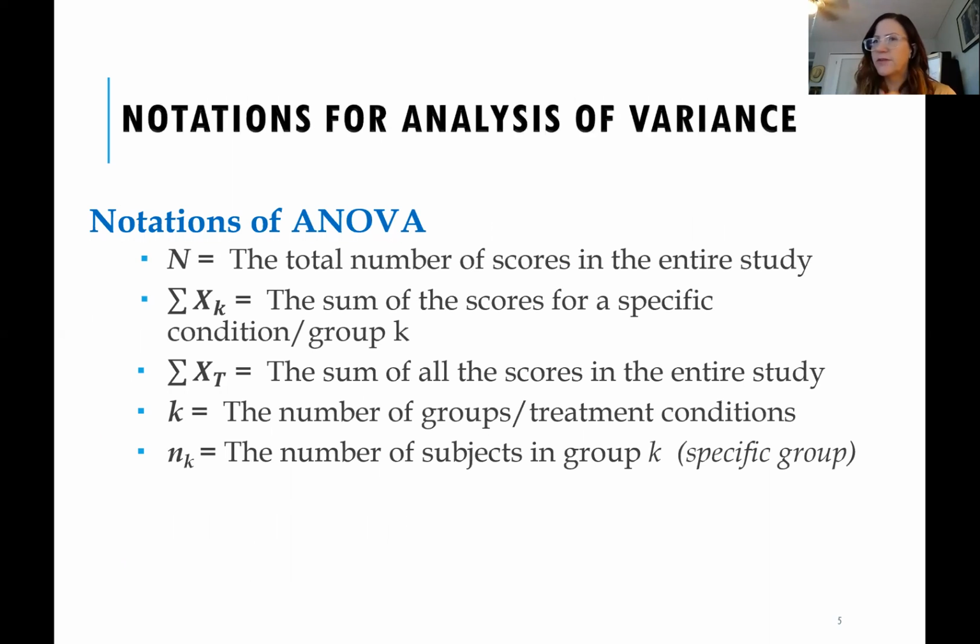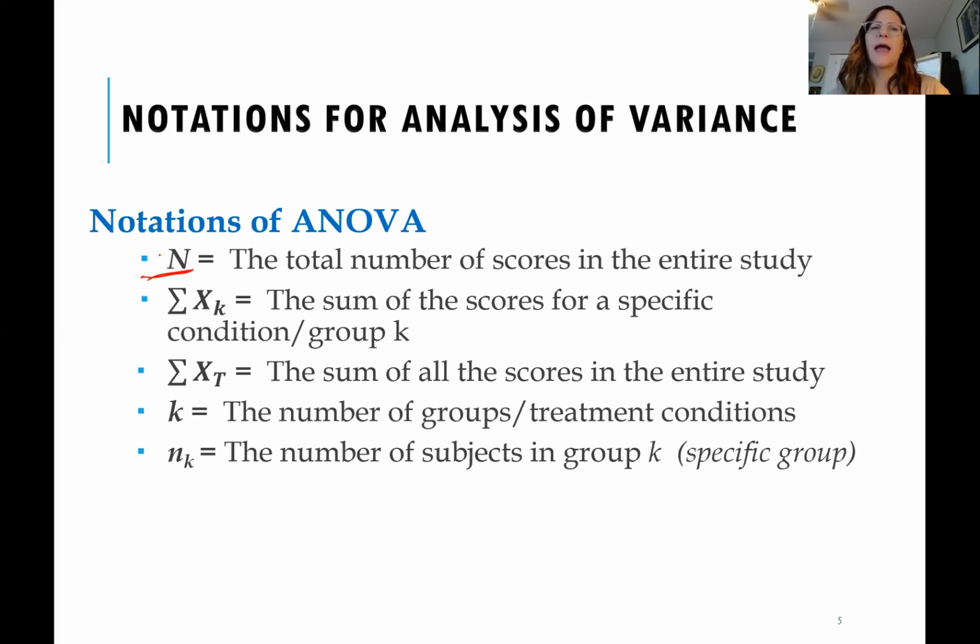So there's lots of different notations with ANOVA. And they are used a little bit differently depending upon what you're used to. For example, we always said before that capital N, as is shown here, is the population size.